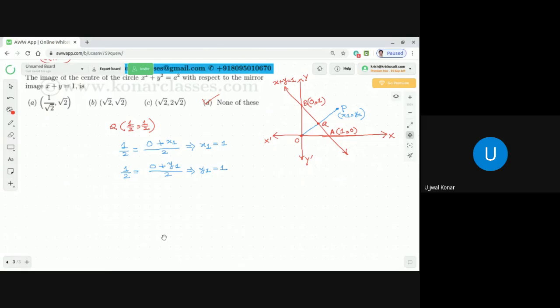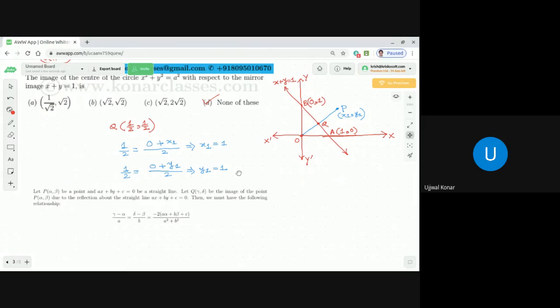So what it says, dear students: let P alpha comma beta be a point and ax plus by plus c equal to 0 be a straight line. Let Q gamma comma delta be the image of the point P alpha comma beta due to the reflection about the straight line ax plus by plus c equal to 0. Then we must have the following relationship.